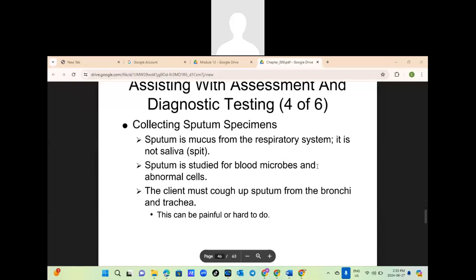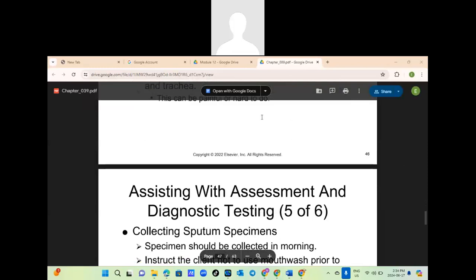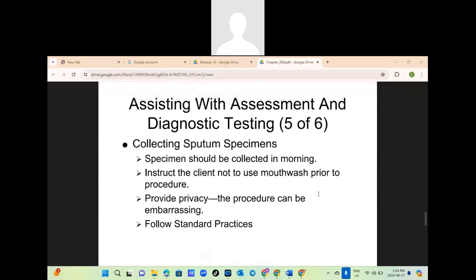As we age, our lung tissue decreases, the coughing reflex is also decreasing, and the lung cells are decreased, so everything is a little bit slower. So they have problems coughing up sputum. Sometimes you can hear a gargling sound because they cannot cough it up anymore. So let's continue.